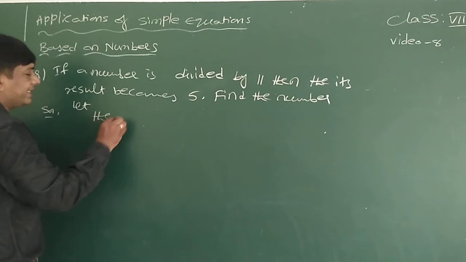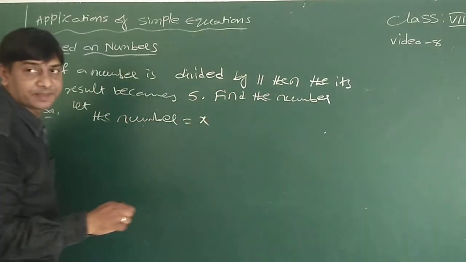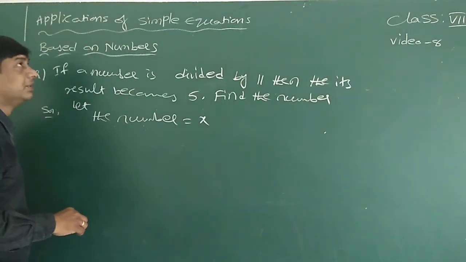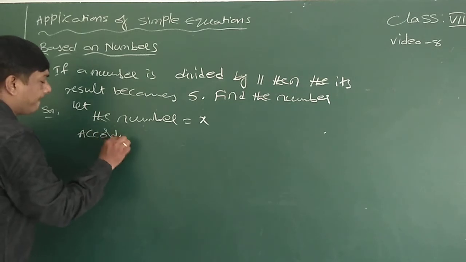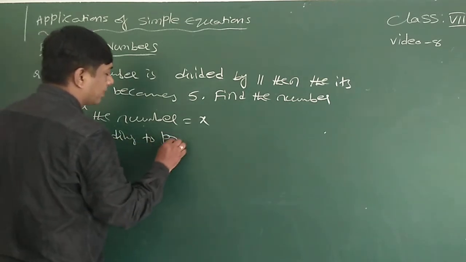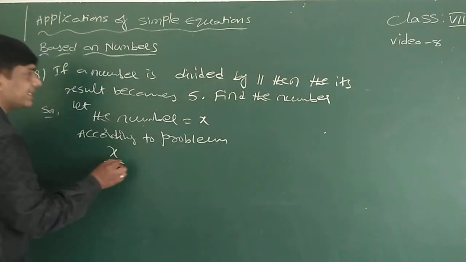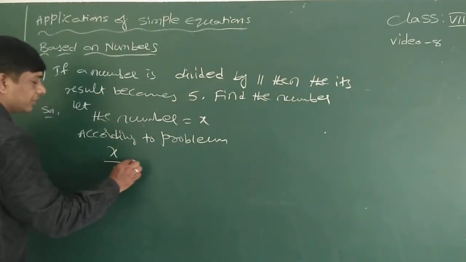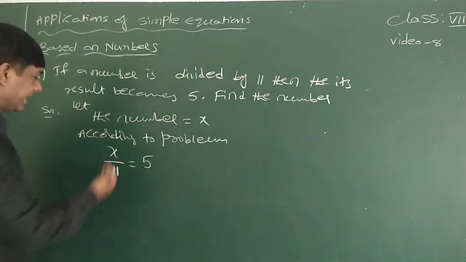Let the number be equal to x. Now according to the problem, this number x is divided by 11, then the result becomes 5.